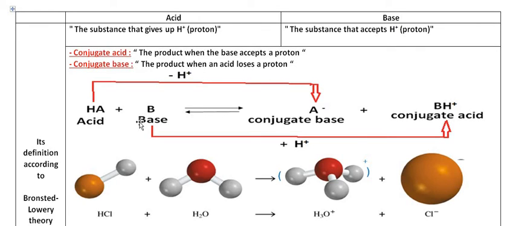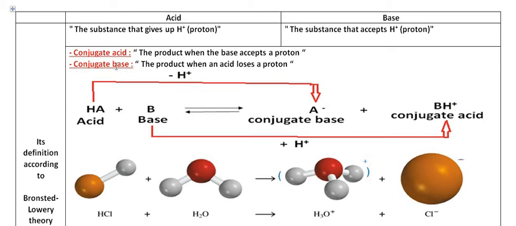This loses H plus and this gains H plus, so this is an acid and this is a base. When the acid loses H plus, it is converted into A minus. A minus is called a conjugate base, while this base, when it accepts H plus, is converted into a conjugate acid. Base, conjugate acid. Acid, conjugate base.